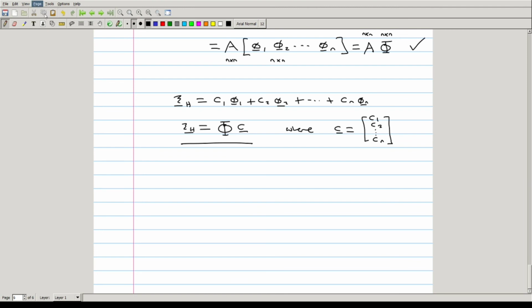And we also have a definition now of the Wronskian for n vector valued functions phi1 to phi(n).